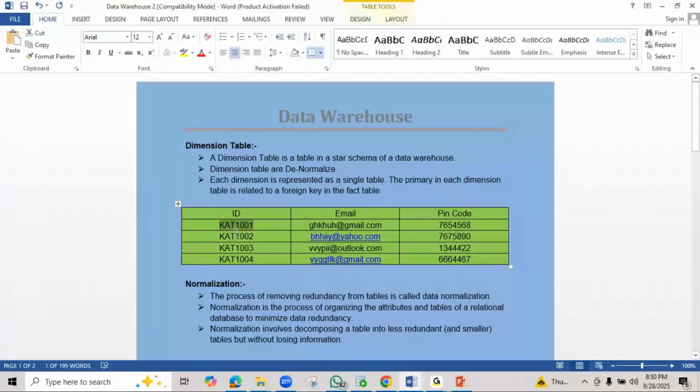It may contain special characters also, like the at-the-rate sign and dot. It may contain numerical values, decimal values, and date values also. In one line you can say a dimension table can contain any type of data.